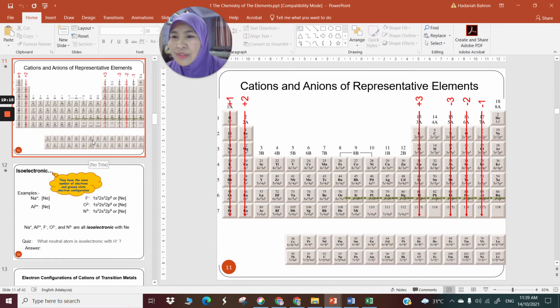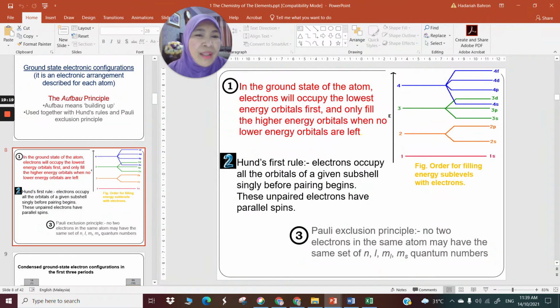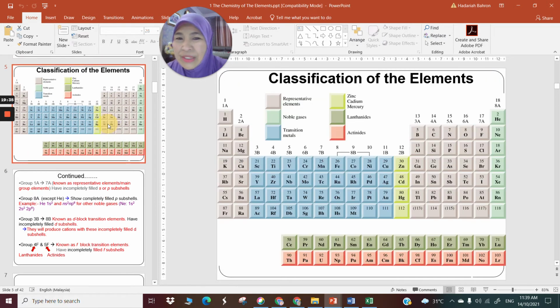So the fourth electron will occupy the 2s, making beryllium. And then the fifth, the sixth, the seventh, the eighth, until electron number 10 will make neon. So if you go back to here, the fourth electron will go to the 2s to make beryllium.